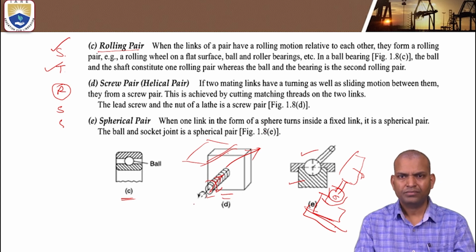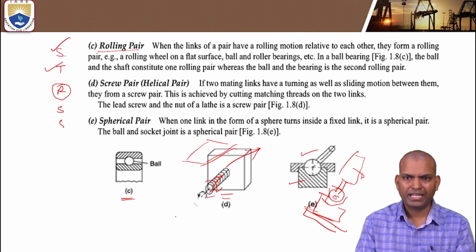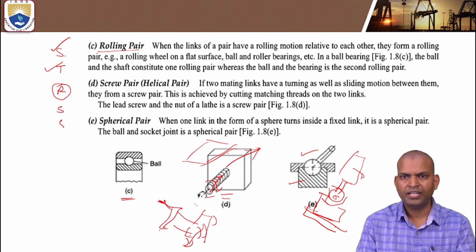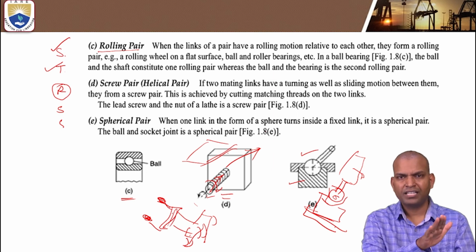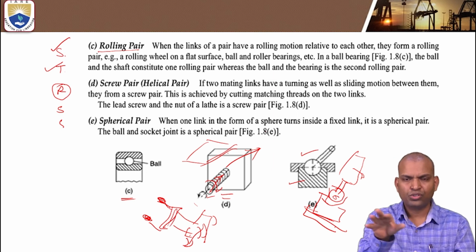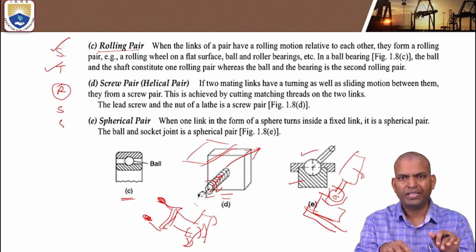At the backside of the tractor, for plowing purpose, one attachment will be there. That attachment is joined to the tractor with the help of a ball and socket, the spherical pair only. It can be moved, because when the tractor is moving, it has to plow the fields.